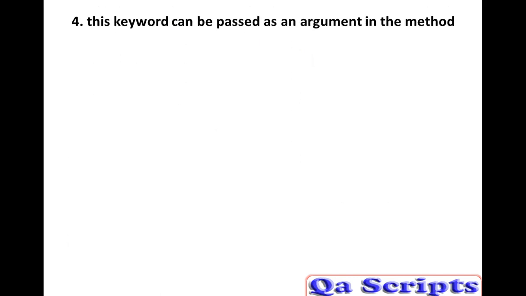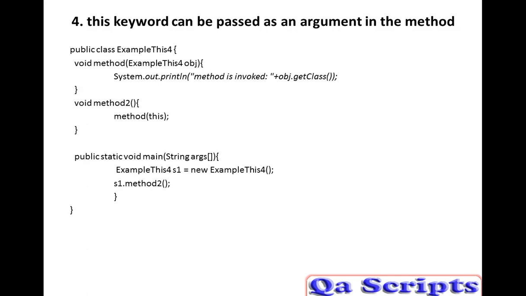Fourth usage of this is this keyword can be used as an argument in a method. Here is the simple program called example this 4, where I am having one method naming method, and I have a parameter for that particular method. What parameter I have? I am directly trying to define the object as a parameter, that is example 4 obj.